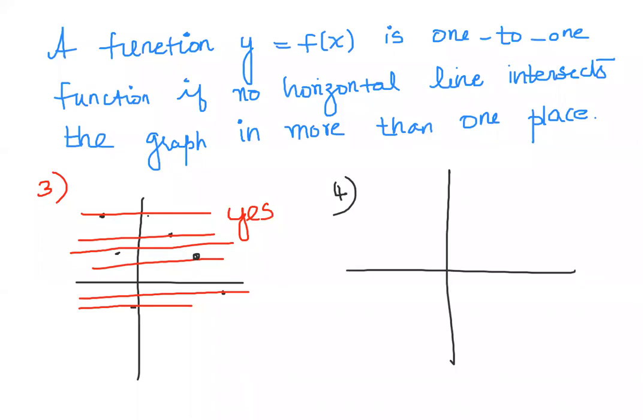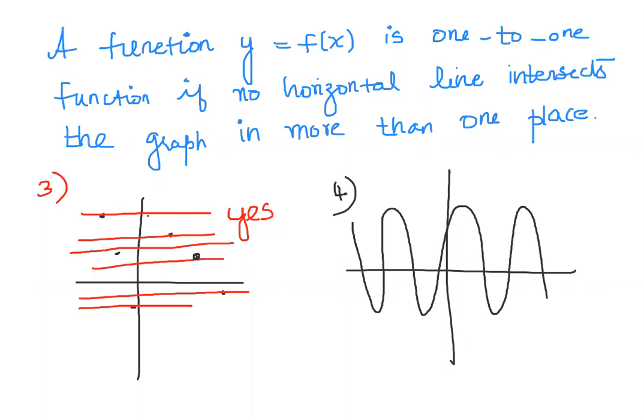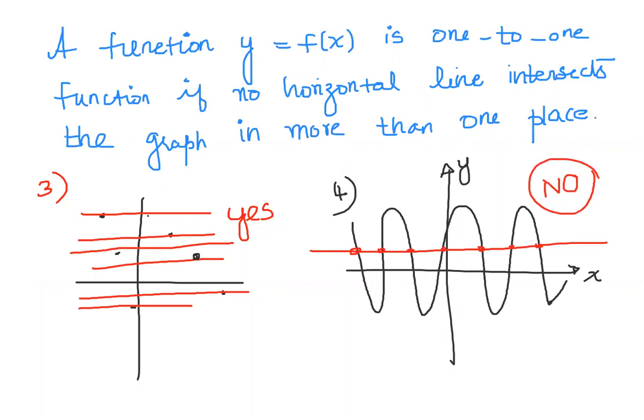So this is the graph given. If you look at the graph, this is the x-axis, y-axis. If I draw a horizontal line, it's meeting the graph in more than one place. So obviously it's not a one-to-one function.